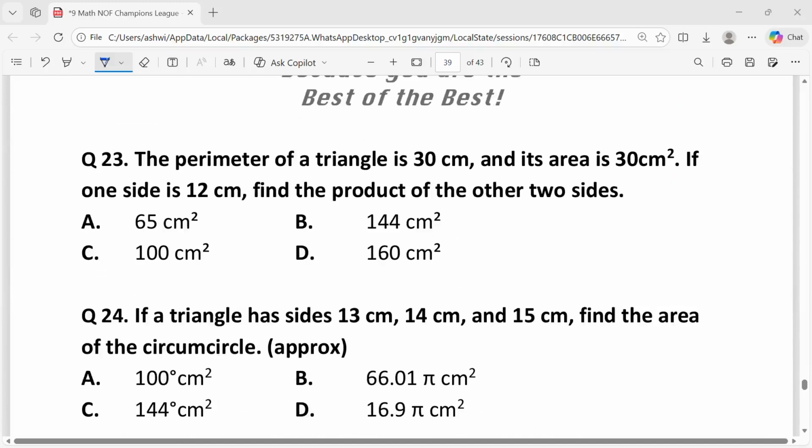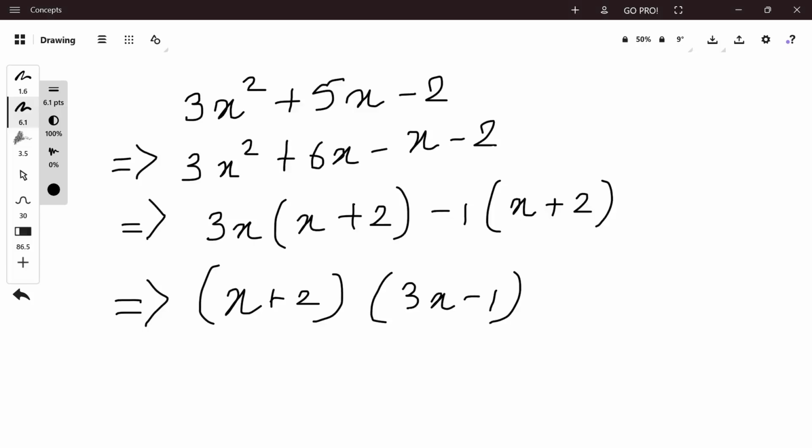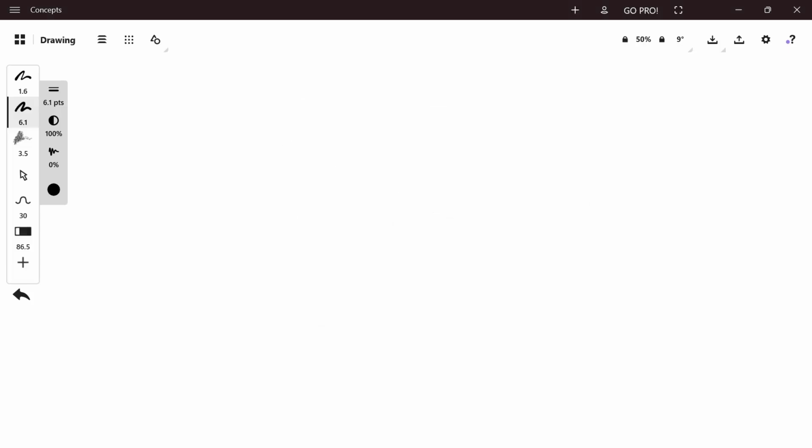Question 23. The perimeter of a triangle is 30 cm and its area is 30 cm square. If one side is 12 cm, find the product of the other two sides. Let the sides of the triangle be a, b and c, where a is 12.